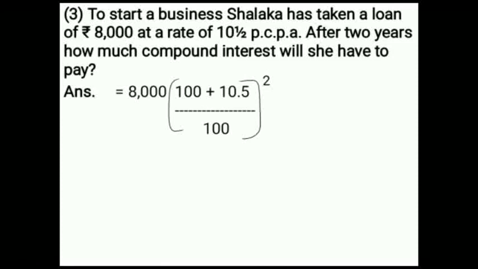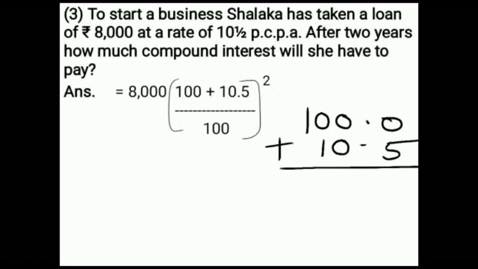Now you have to add this 100 plus 10.5. Number 100 you don't have the decimal point, so take it 100.0, because when you are adding this second number which is 10.5, the number 10.5 has the decimal point. That's why you have to take first number 100.0 with decimal point when you are adding. That is 100.0 plus 10.5. 0 plus 5 is 5.